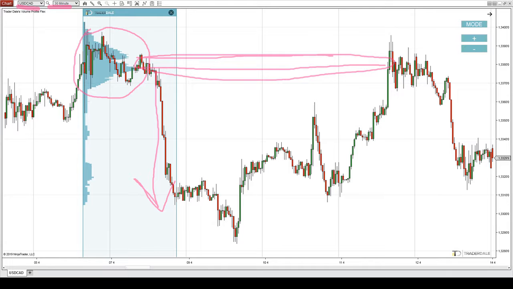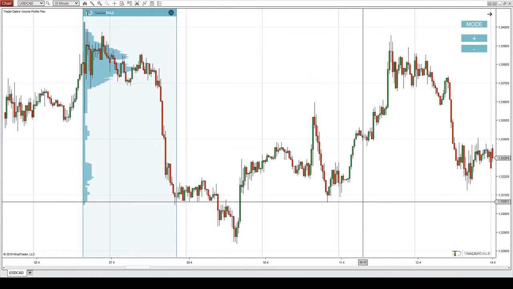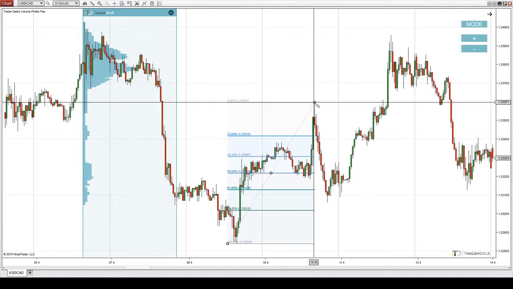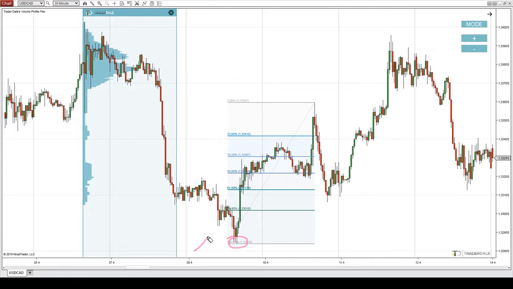All right, so in this case, there's a nice example of the ABCD setup from this low to this high. Let's mark this point A. This swing point will be the B. Now, below the 50% of the Fibonacci, by the way, you can activate the Fibonacci tool by pressing the F8 function key on your keyboard.